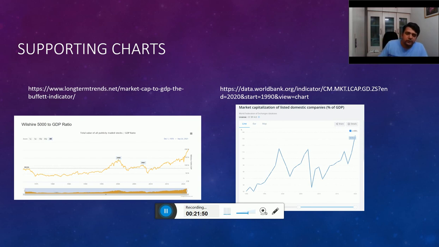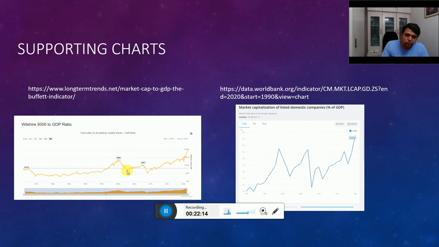Okay, so this is the fact. In 2000 there was a tech boom in the US, so the stock market capitalization went from 100% to 150%, about 1.5 times the US GDP. Then the tech boom became a bust and it came down to 100%.